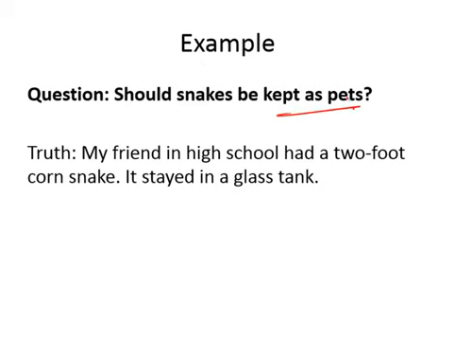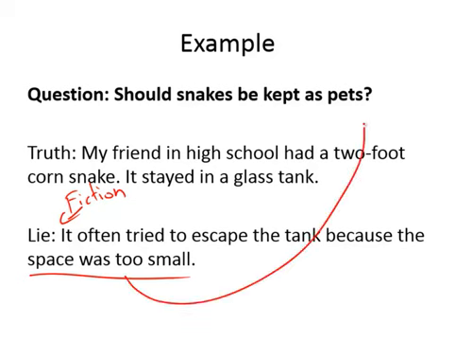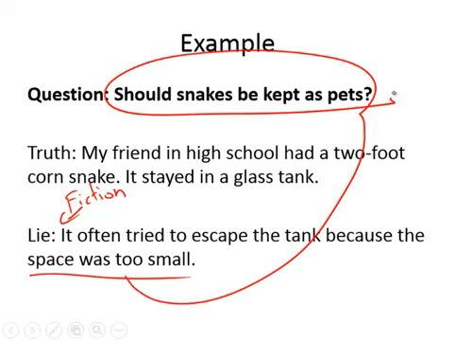It doesn't matter. Because I can tell a little bit of a lie. I can tell some fiction here. It often tried to escape the tank because the space was too small. Okay, now I have something that's a little bit more relevant for should they be kept as pets.